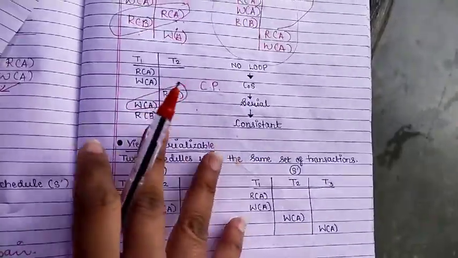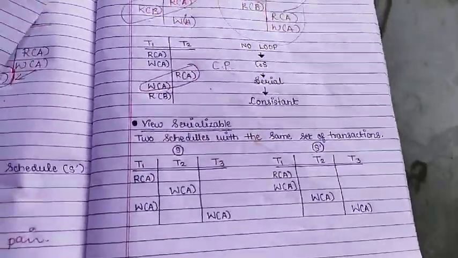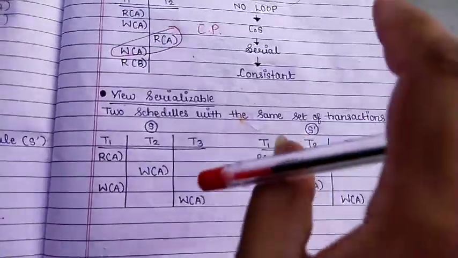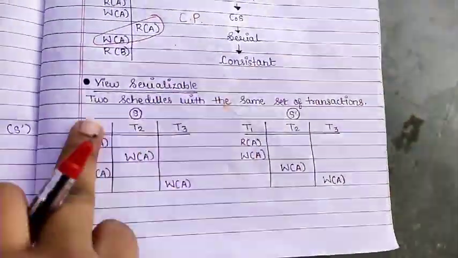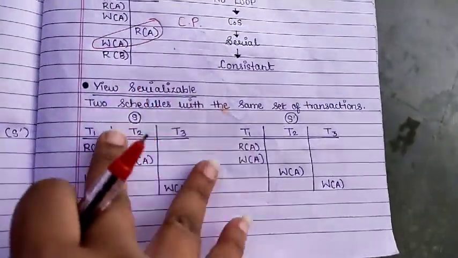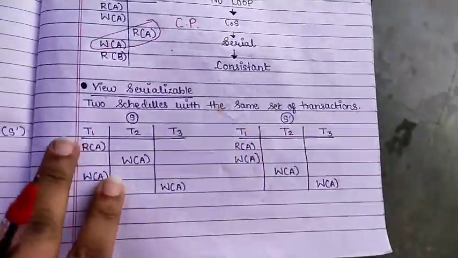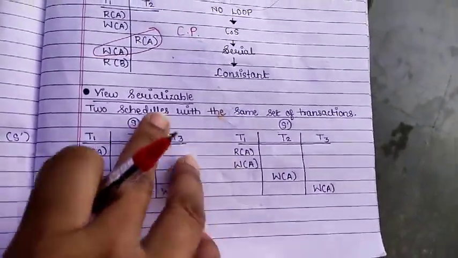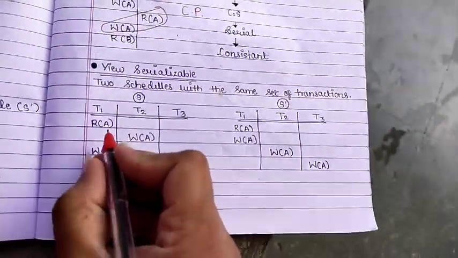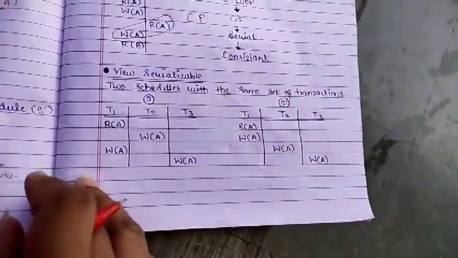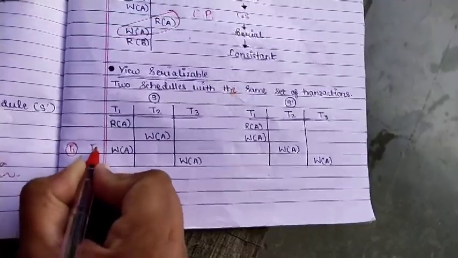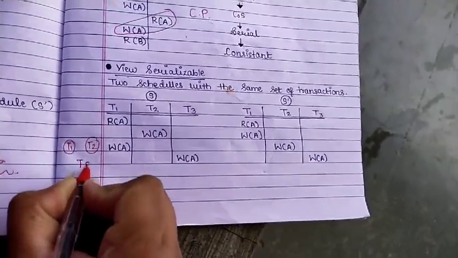Okay, so what happens in that? Let's see another example. In a schedule, we can have n number of transactions. So we have taken two schedules similarly. One schedule consists of 3 transactions. Now we will draw a graph for these transactions: T1, T2, T3.